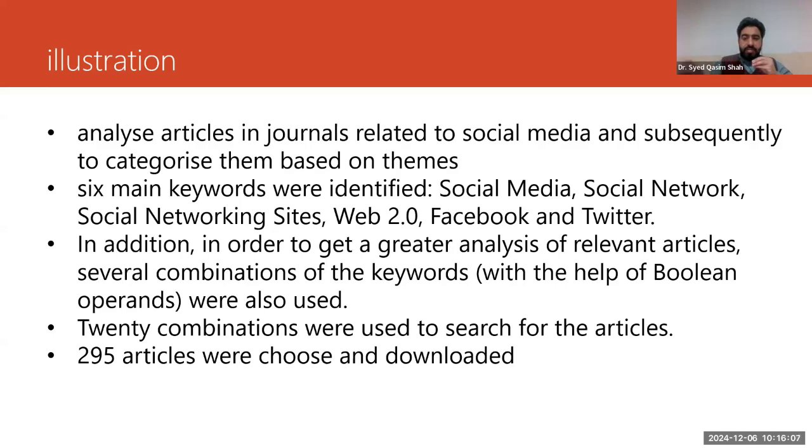So we will interrelate these keywords and come up with different combinations, like social media and social networks, impact of social media on social networks, social networking Facebook. Once we entered these different keywords in our databases, we identified, let's say, 295 articles, and we will now download these 295 articles.